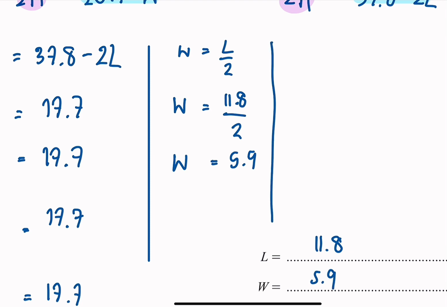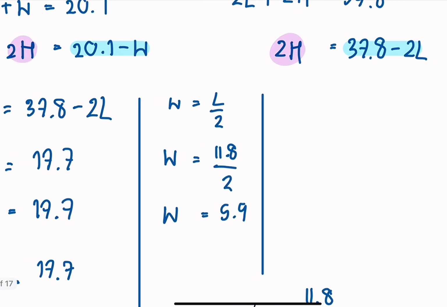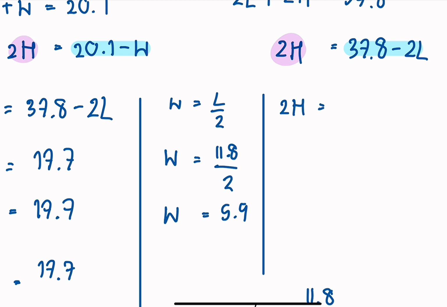And lastly, the value of H, I will use this equation. 2H is equal to 20.1 minus W. 2H is equal to 20.1 minus W, which is 5.9.